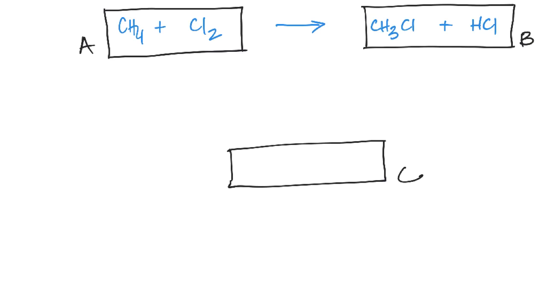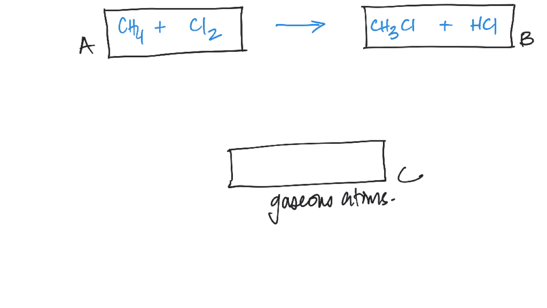And if you are given bond energies to use only, please remember what bond energy by definition meant. It meant the energy required to break 1 mole of gaseous bonds to form what? Gaseous atoms. So what you'll realize is whatever bonds you have, when you break them, you will form gaseous atoms. So the third box will become gaseous atoms.